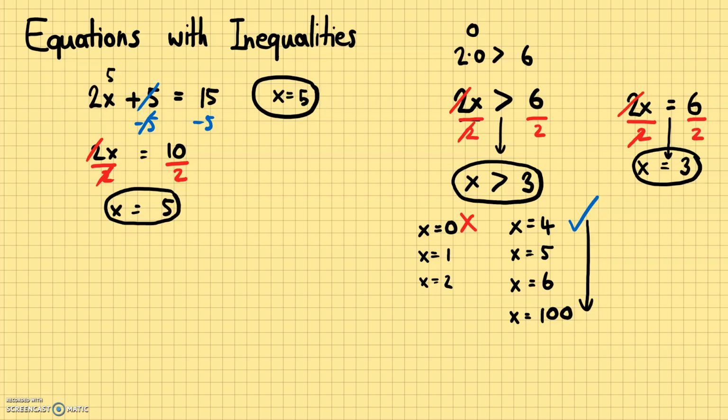And also if you plug in 1, you'll get 2 on the left side, and 2 is not greater than 6. Right? So all of these numbers are not going to work because they are all less than 3. But all of these numbers are going to work because they are greater than 3. Okay, so this is how you can solve inequalities. Basically, you're doing the same thing, except instead of the equal sign, it's going to be the inequality sign.